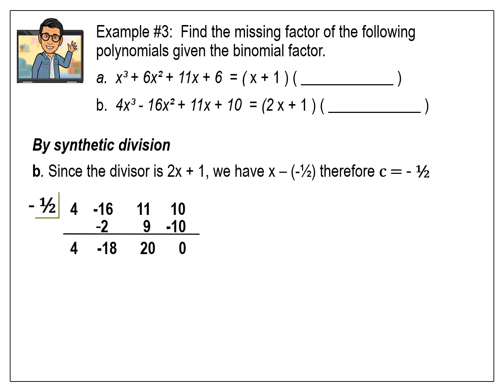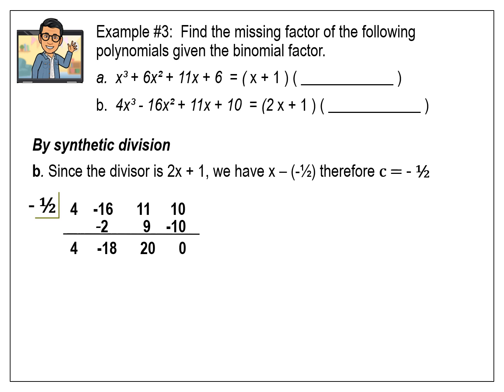So by synthetic division, we use negative 1/2 as our divisor. So we have to bring down 4. So what is 4 times negative 1/2? And that is equal to negative 2. So if we add negative 16 plus negative 2, that is negative 18. So negative 18 times negative 1/2, that is positive 9.